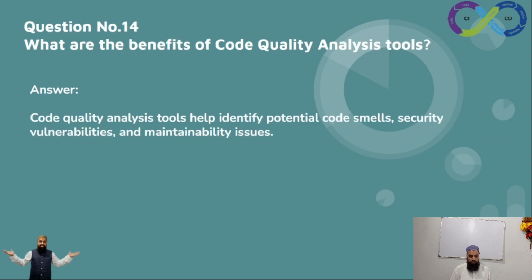Question number 14. What are the benefits of code quality analysis tools? Code quality analysis tools help identify potential code smells. Now, this is all relevant to code coverage. These tools check for security vulnerabilities and maintainability issues.